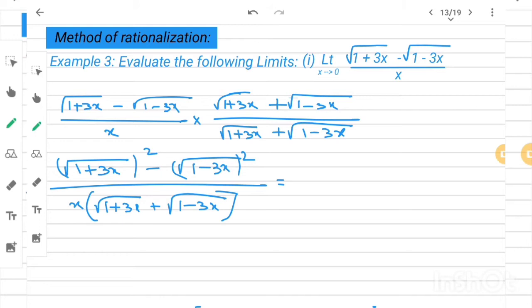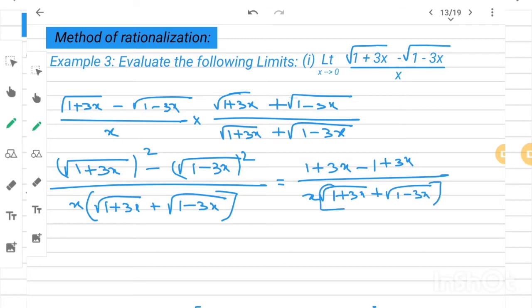Now I can remove the root and square, right? So we will get 1 plus 3x minus of 1 minus 3x. So I am going to multiply the minus. So 1 plus 3x minus 1 plus 3x whole divided by x of root 1 plus 3x plus root of 1 minus 3x. Okay, this one and this one will get cancelled.